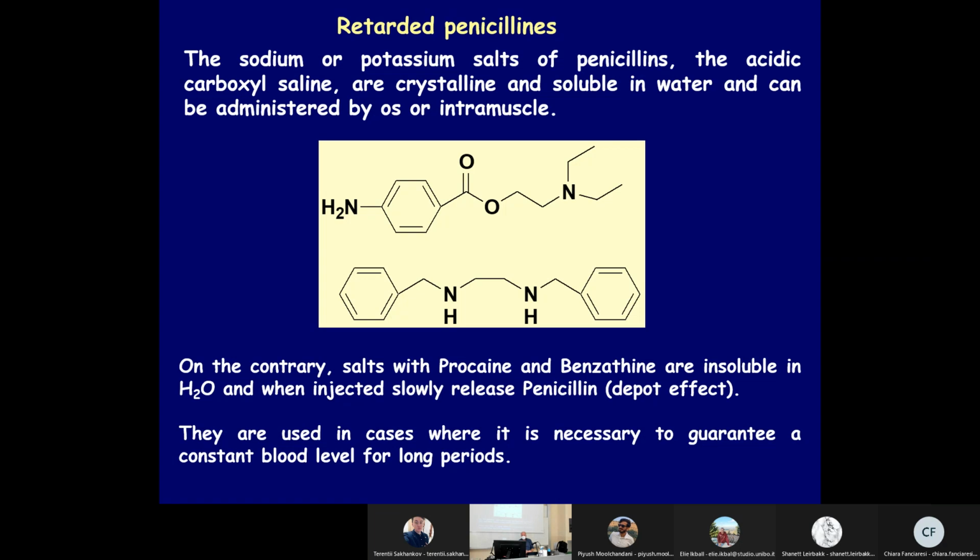And so the scientists prepared particular salts of penicillins with particular bases in order to have low soluble salts able to maintain a low concentration for the long time of antibiotic of penicillin.